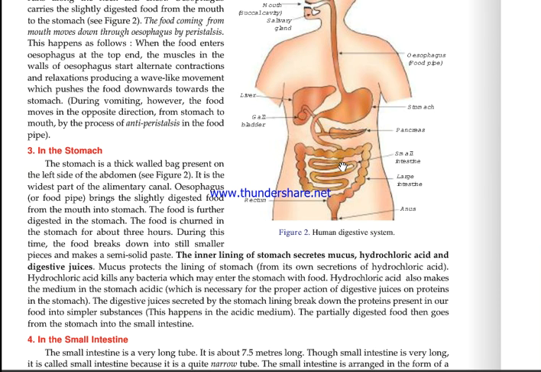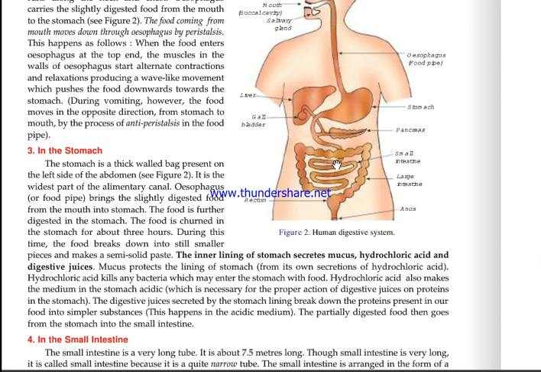The small intestine is about 7.5 meters long, and it is divided into three parts: jejunum, duodenum, and ileum.